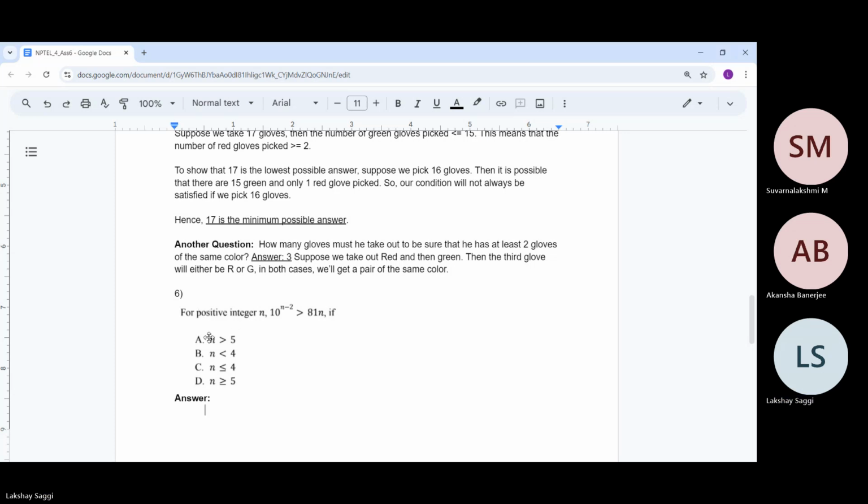So we also have options for this question, but any guesses? Not just guesses, I would assume that you guys should be able to answer this. What should be the correct answer in this question?